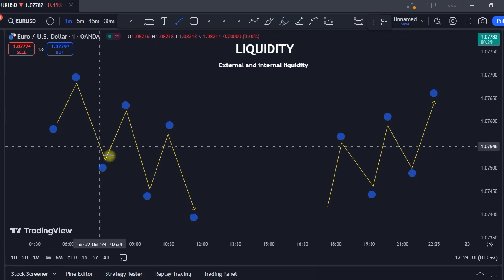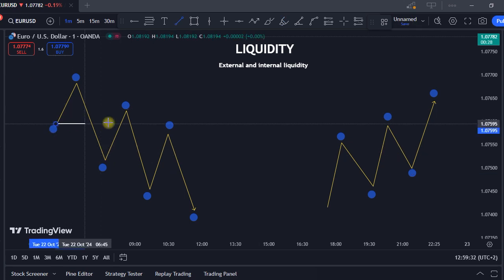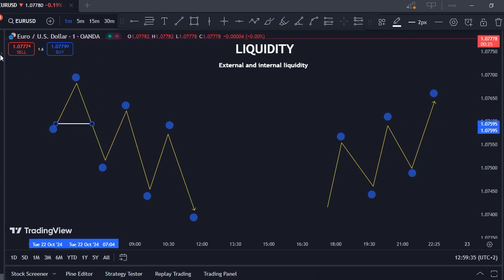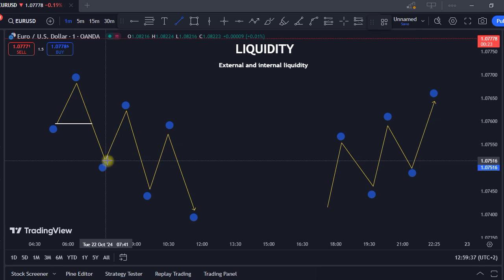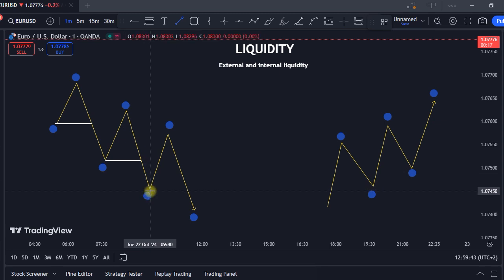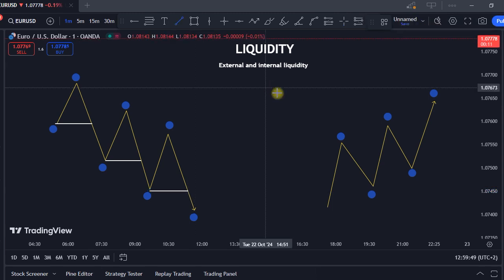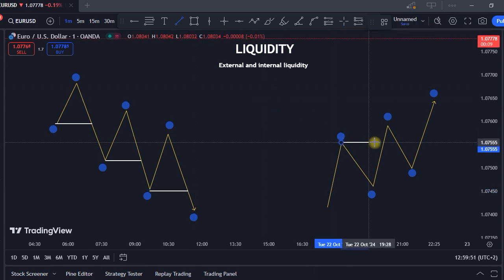Now we can see that the market continues to break structure to the downside like this. Again a breakout of structure over here, again a breakout of structure over here, and another breakout of structure to the upside like this.